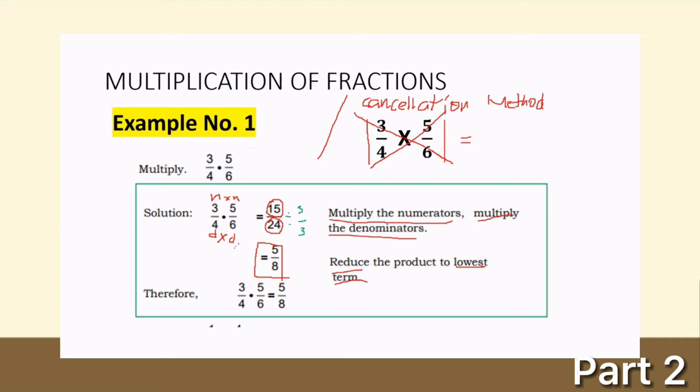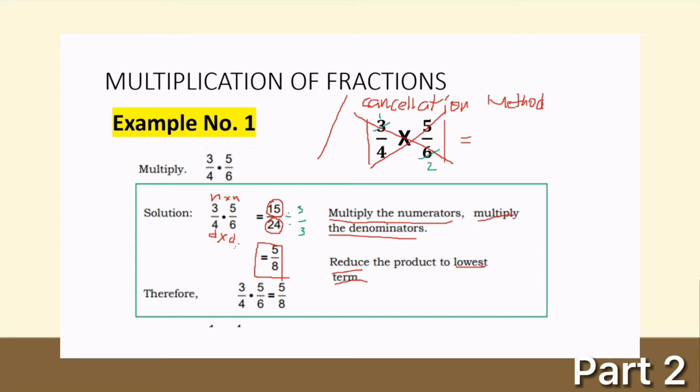Cancel the common from the denominator and the numerator. So we have 3 and 6. Divisible siya by 3. So 3 divided by 3 is 1. 6 divided by 3 is 2.